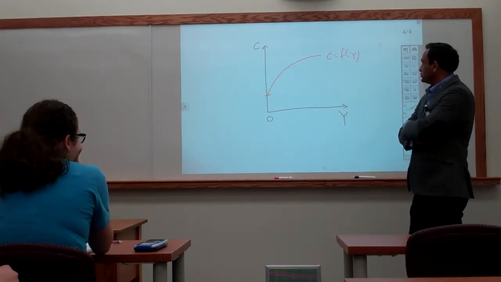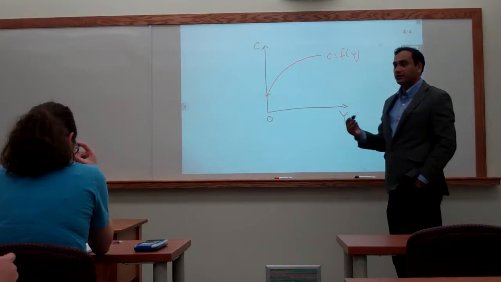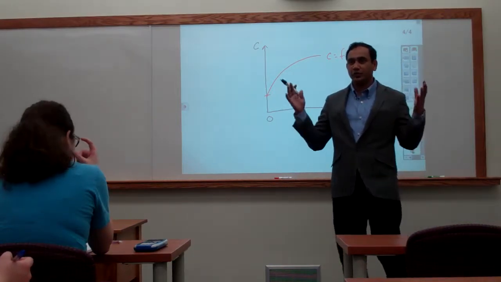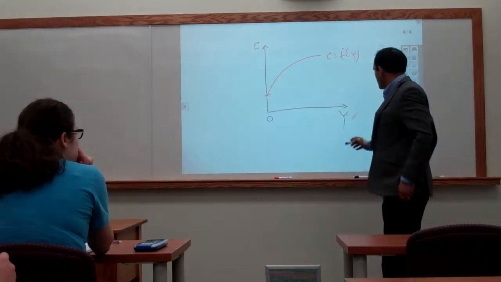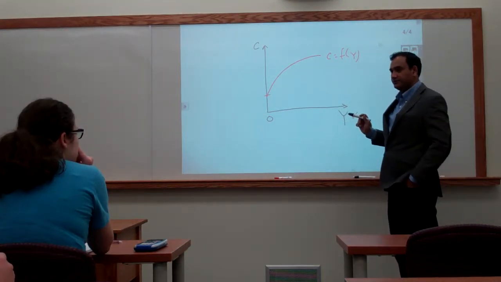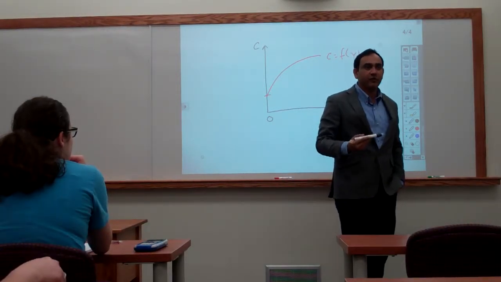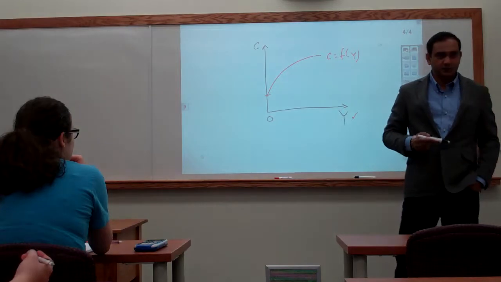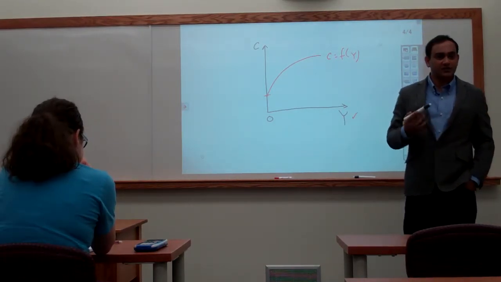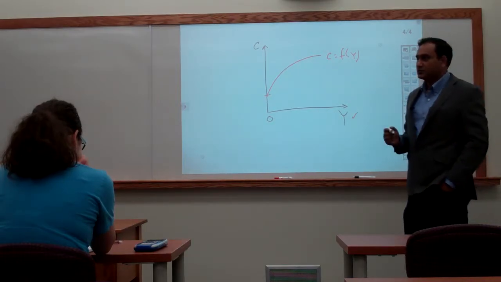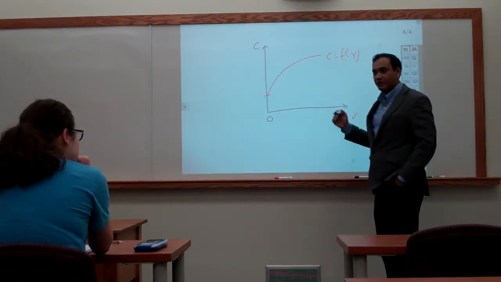So now we are going to refer to Y as aggregate income or aggregate output. You're looking at the whole economy, not at one consumer or a group of consumers. So you're looking at aggregate output or real GDP, and this is your aggregate consumption, total consumption of all the households in the economy. That's what we are interested in. If you want to calculate GDP, you need to know total consumption of all the households in the economy. So think of C as aggregate consumption, and think of Y as your aggregate income.